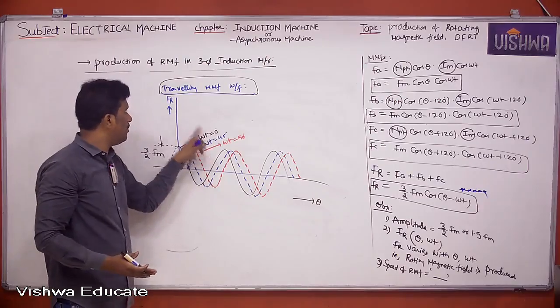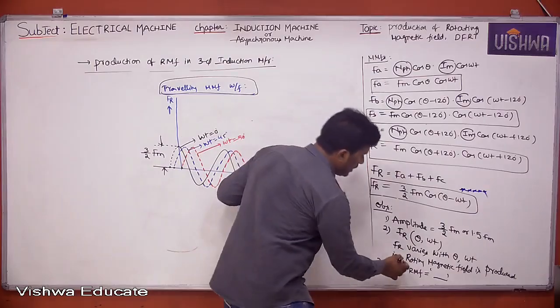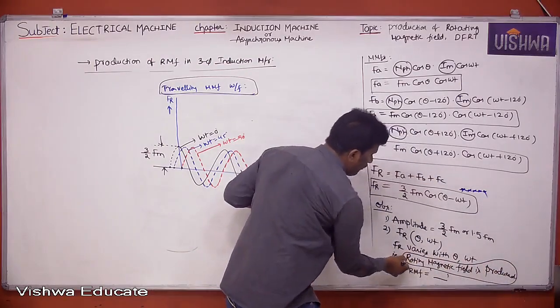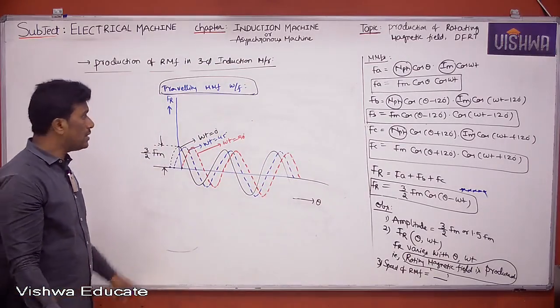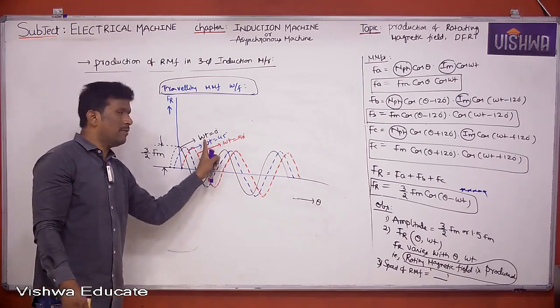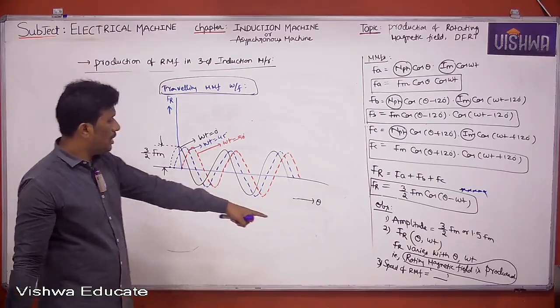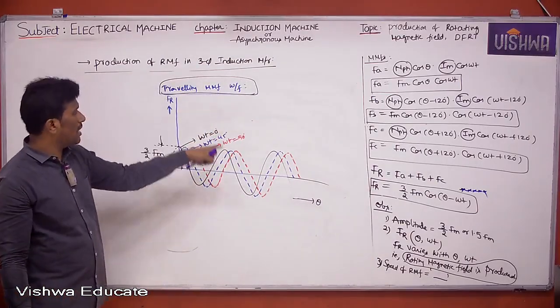That's the reason I wrote that a rotating magnetic field is produced: if magnetic field, flux or MMF is varying with space and time, it is moving, it is rotating. This can be clearly understood by seeing your traveling MMF waveform.